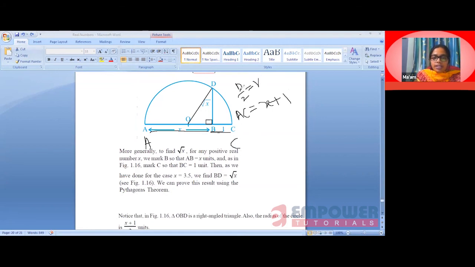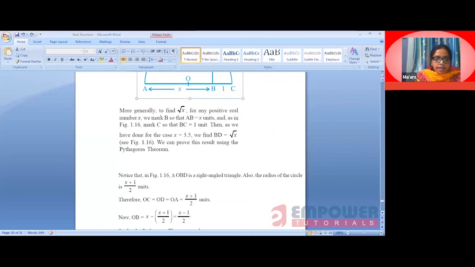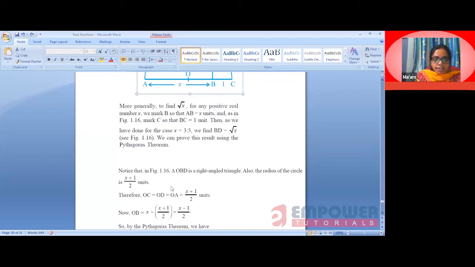Radius is represented by diameter upon 2. So if AC is your diameter, OA is equal to AC upon 2. So your radius will be equal to x plus 1 upon 2. Am I right? So x plus 1 upon 2 is your radius, which is equal to OA, OC and OD.